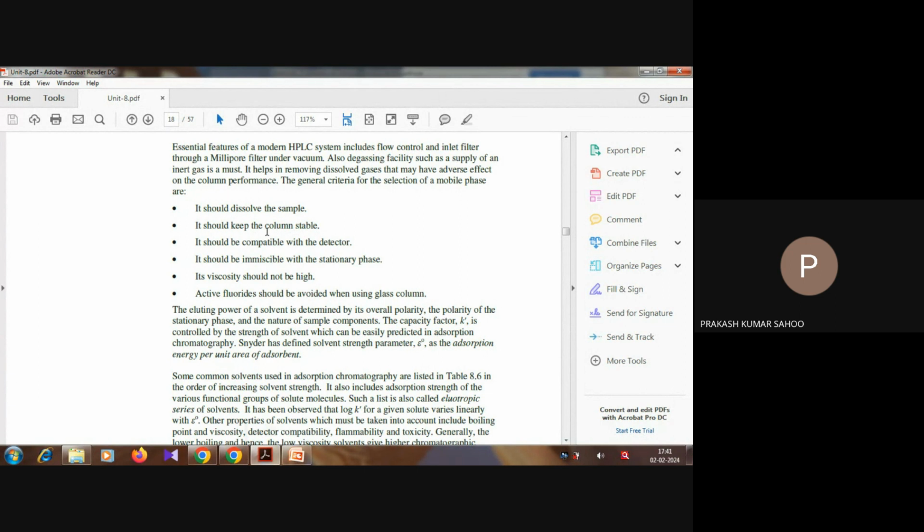It should be compatible with the detector. It should be immiscible with the stationary phase. Its viscosity should not be high, and the last one is that active fluoride should be avoided when using a glass column. So when your mixture contains active fluoride, it must be removed before HPLC analysis.